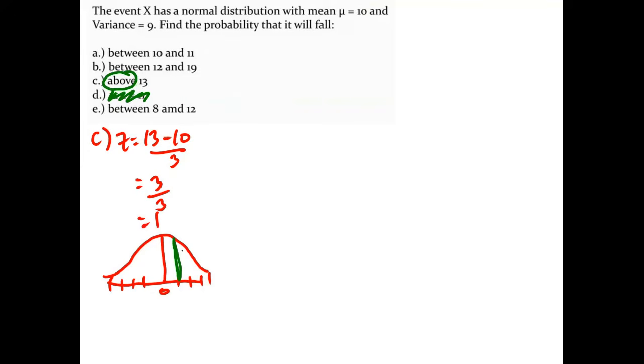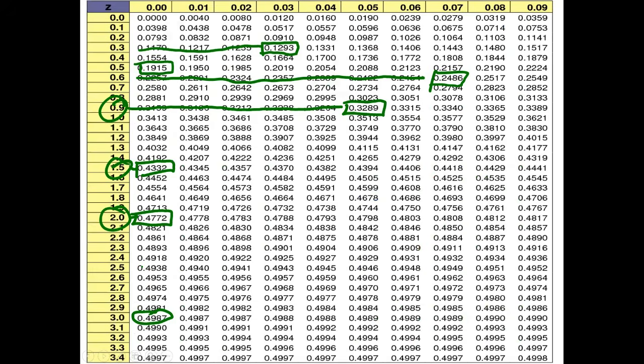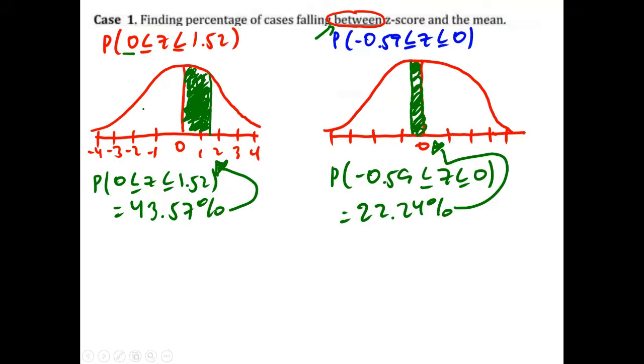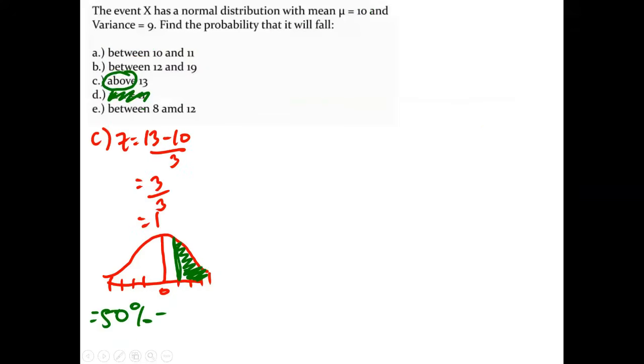So, greater than. So, yung nasa right natin. Nadaanan ba yung 0? Hindi. So, magma-minus lang tayo ng 50%. So, ano yung 1? 1.0, we have 34.13%. So, on your calculator, 50 minus 34.13 is 15.87%.